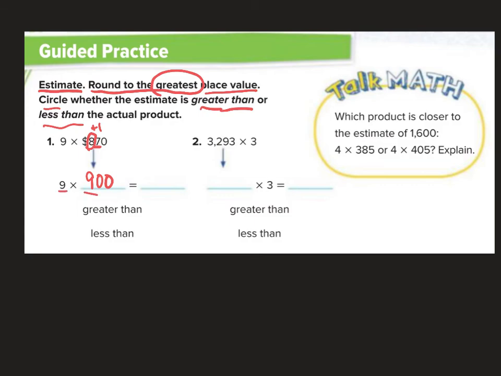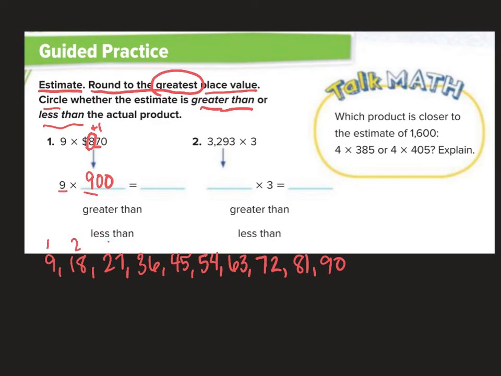9 times 9. Okay, let's list our multiples here. 9, 18, 27, 36, 45, 54, 63, 72, and 81. And might as well do 90 for good measure.